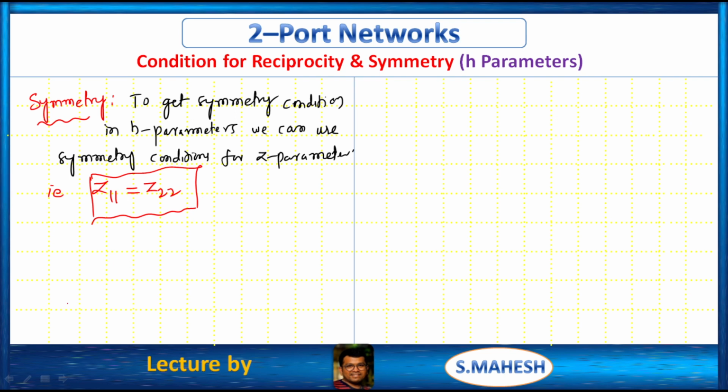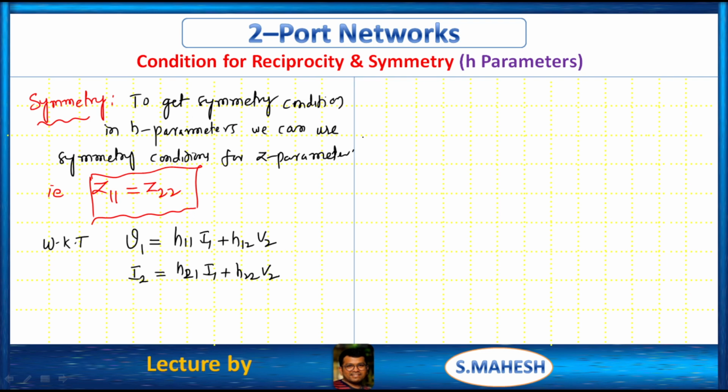We know the equations: input supply voltage V1 = H11 I1 + H12 V2, output current I2 = H21 I1 + H22 V2. That's it.